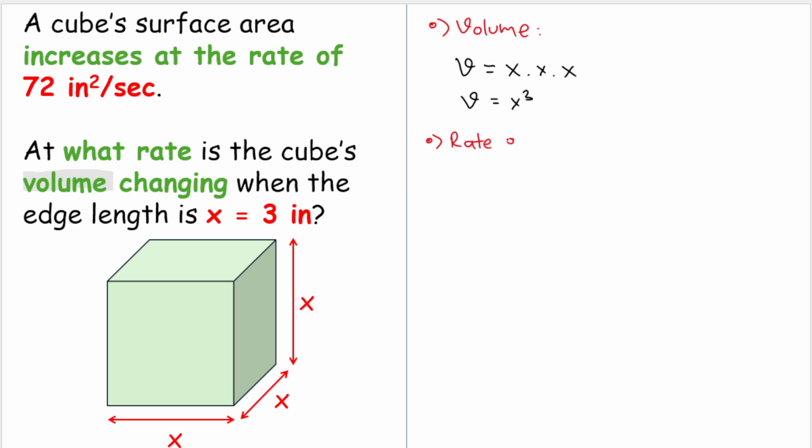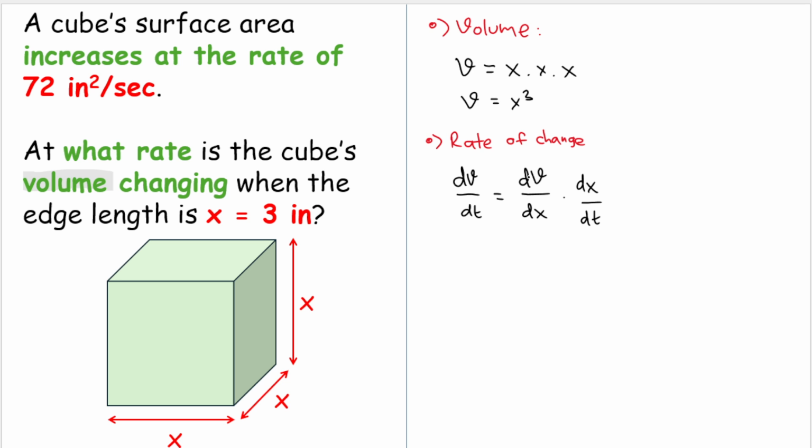Rate of change here, and the rate of change is the derivative of V with respect to time. However, on the right hand side, we only have x as its variable, so we will differentiate with respect to x first, but to get dV/dt, we multiply this by dx/dt.